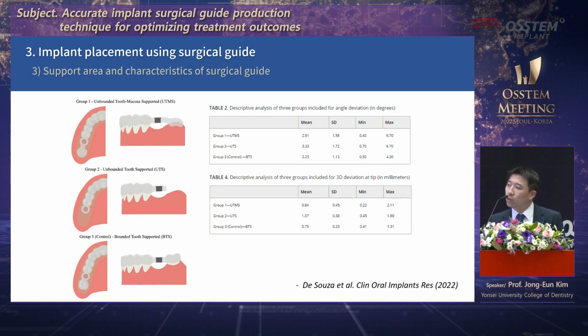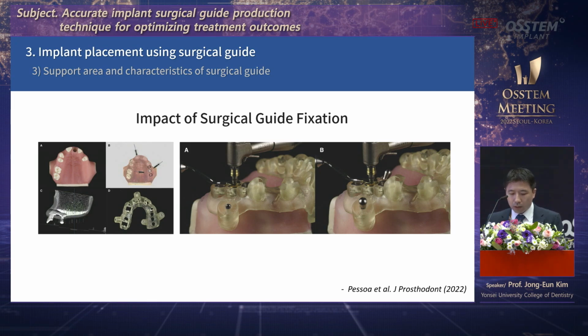With tooth supported, there are different factors that play in. If you take a look over here, if there is a tooth on the distal side, on the bounded side, it is more accurate, and if it is unbounded, tooth-mucosa supported is quite accurate, but with unbounded tooth supported, drill deviation can occur significantly.